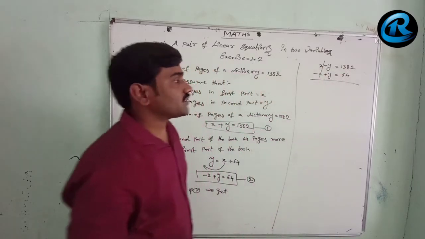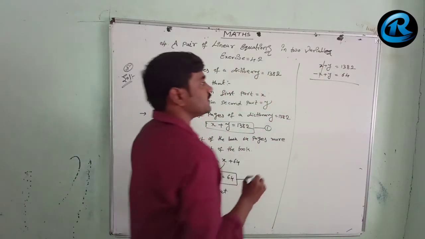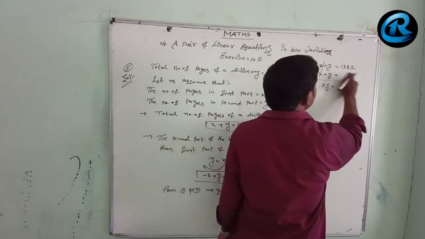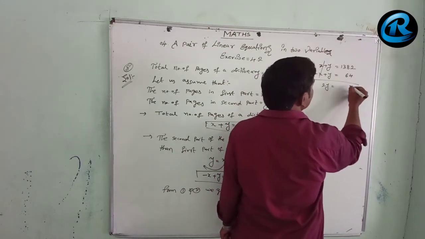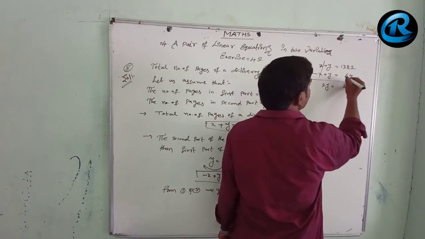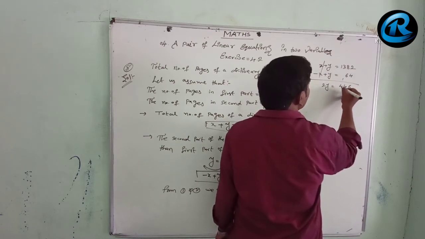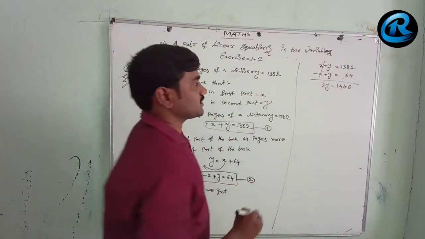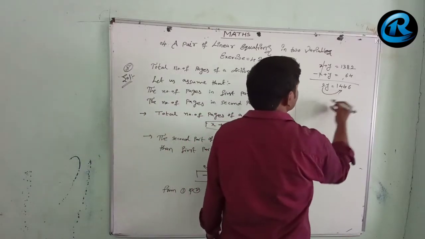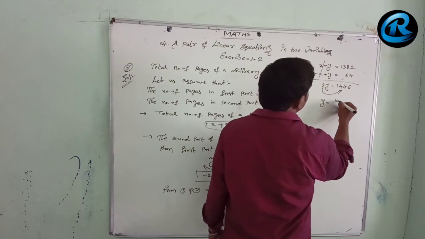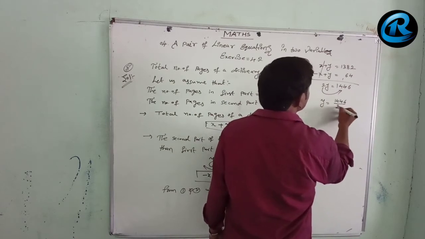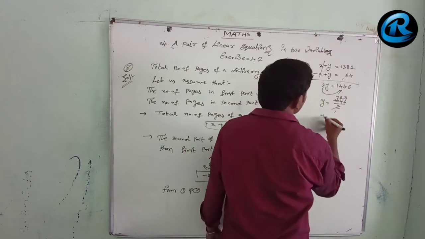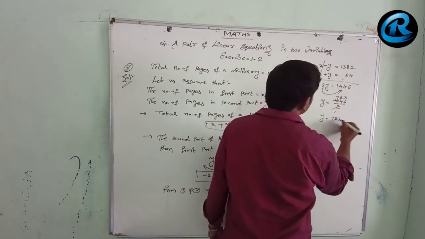Plus x minus x get cancelled. 1y plus 1y is 2y equal to 1382 plus 64, which is 1446. So this 2 will transfer this side, y equal to 1446 by 2. 2 7s are 14, 2 2s are 4, 2 3s are 6. So y equal to 723 pages.